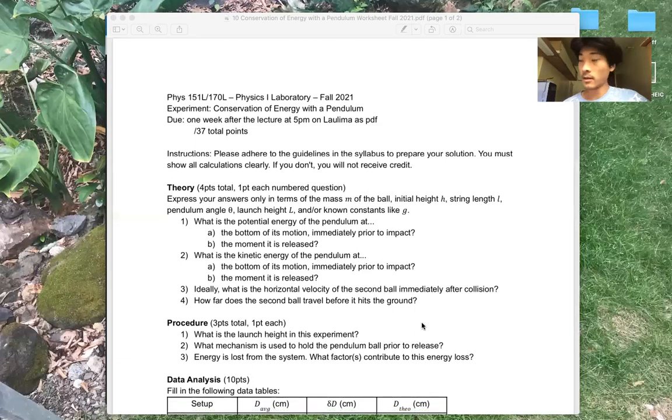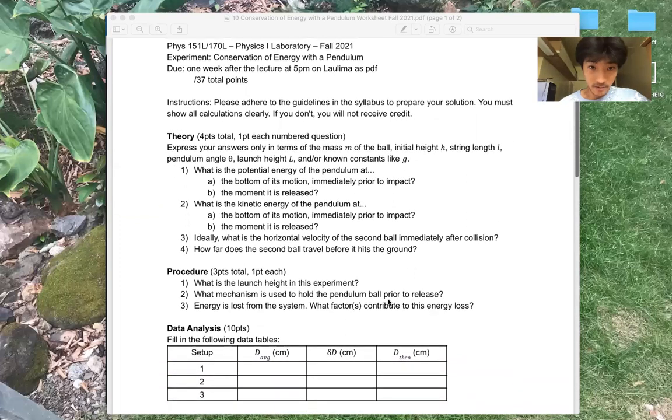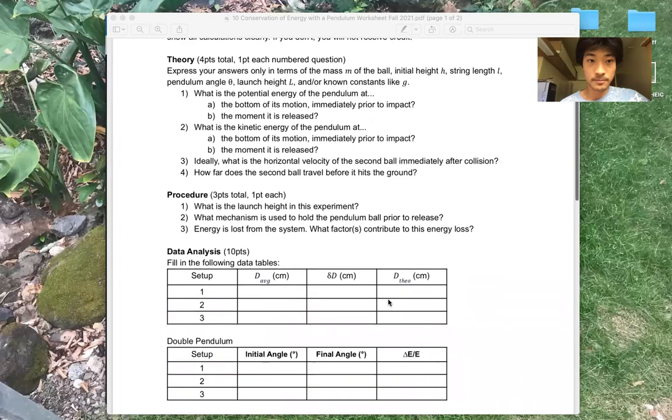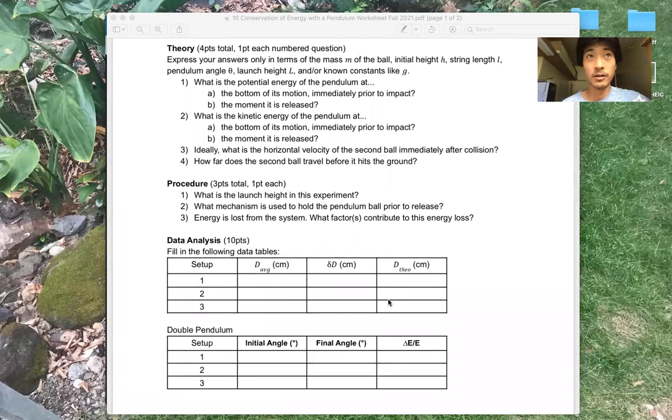Okay, so the theory. I start with the theory section. I just like to say what each question is asking and give you a little place to start from. So for number one, they're asking what is the potential energy of the pendulum at these different points in the experiment?